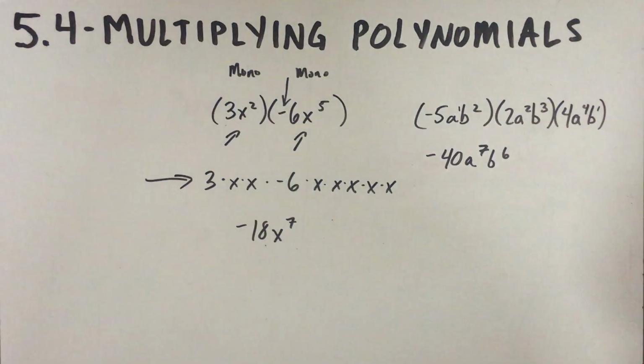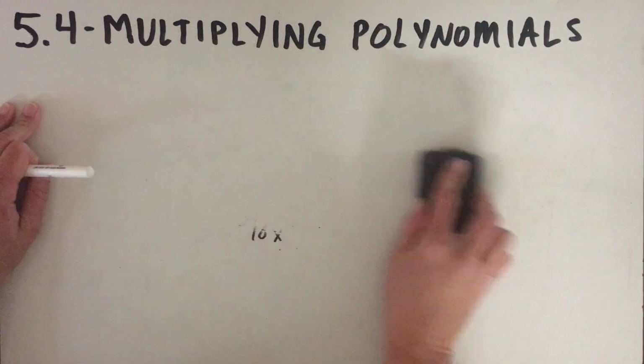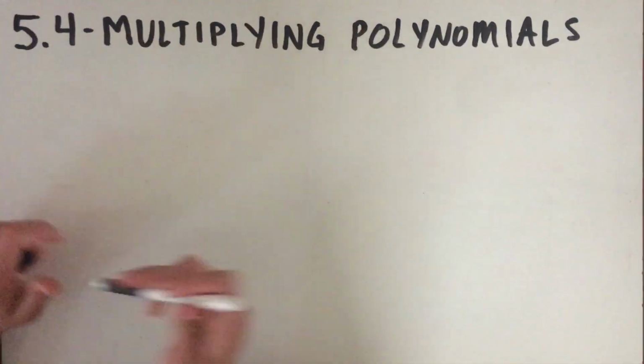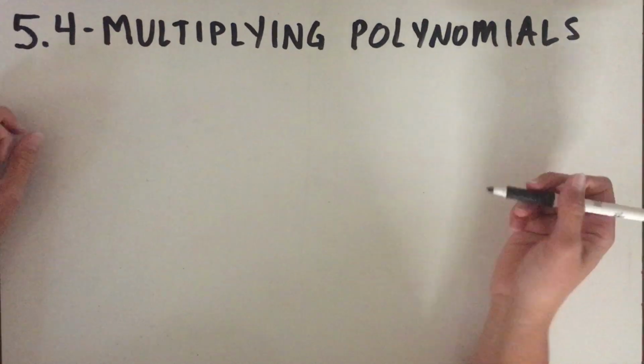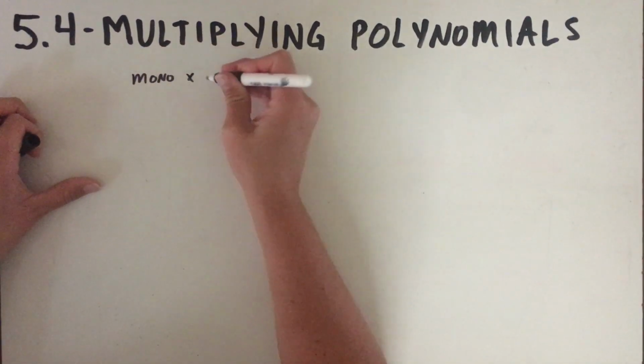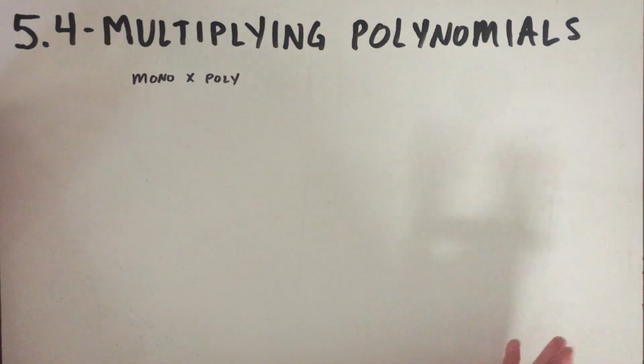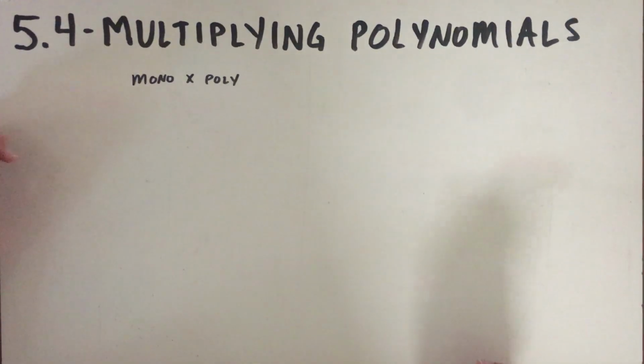Sometimes we won't just have monomials, we might have a monomial times a binomial or a trinomial or any kind of polynomial. So we might have a monomial multiplied by another polynomial, whether that's 2, 3, 4 terms, doesn't matter.